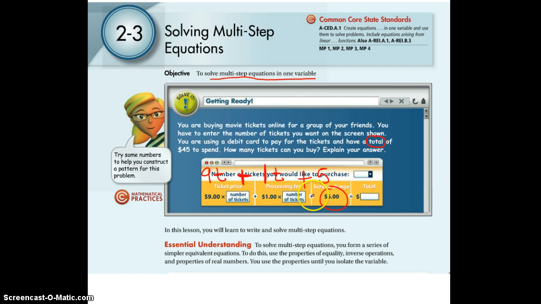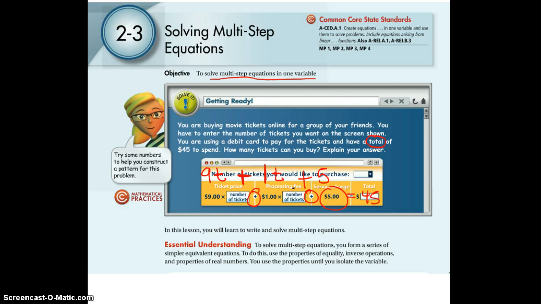What I'm trying to get you to understand is that we can start to translate a lot of this stuff. So $9 per ticket and $1 per ticket and a service fee is going to give us a total of $45. And you can see the great big equation that it generated. Now we're going to have to go through the whole process of how we solve that.